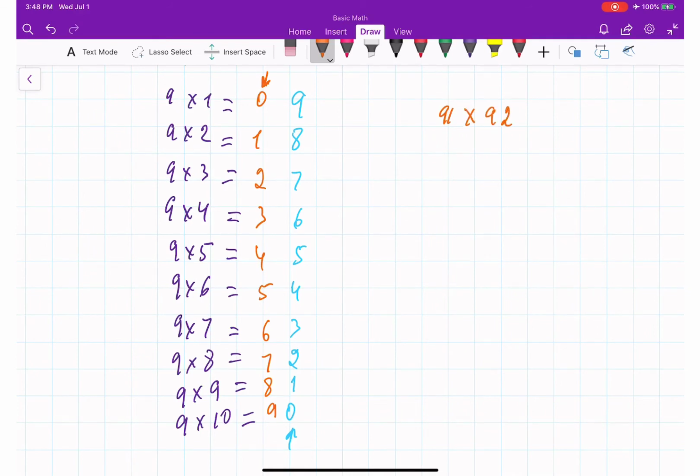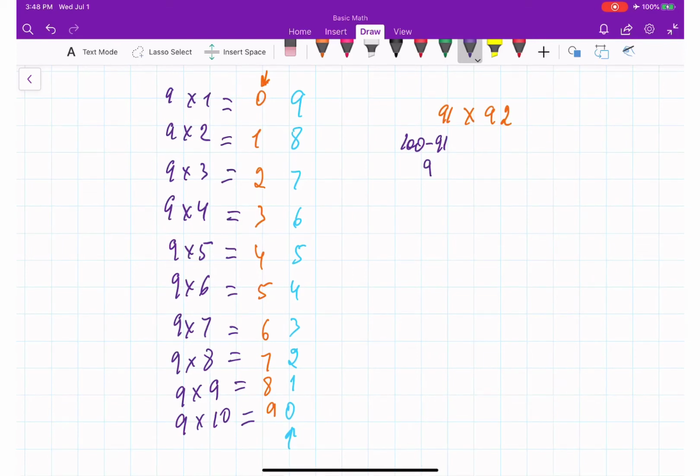All right? 100 minus 91, it's going to be 9. 100 minus 92, it's going to be 8. 9 plus 8, 17. So 100 minus 17, it's going to be 83. And 9 times 8, 72. There we go. We multiplied.